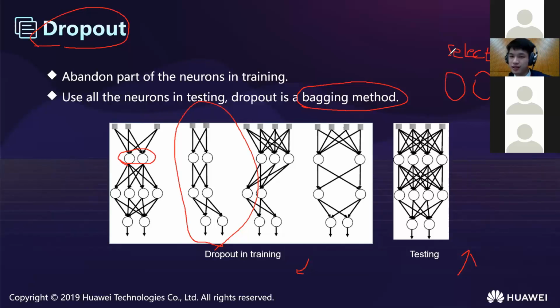So there are two random choices, the features and the data. So we use different features and data to build different trees. Okay. And when we do the testing, we will vote by all the trees. It will vote the final choice. Okay. So that is a random forest, and that is a bagging method.